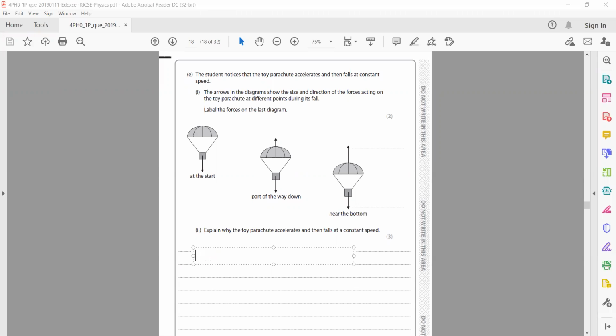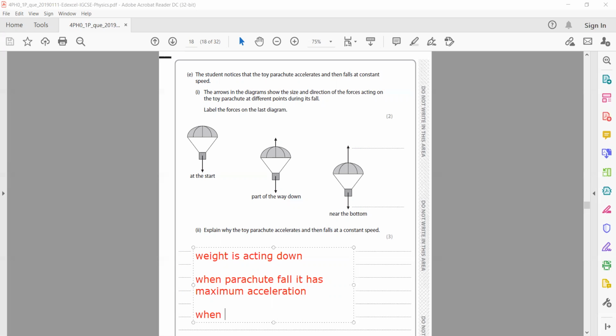So weight is acting down when the parachute falls. It has maximum acceleration.